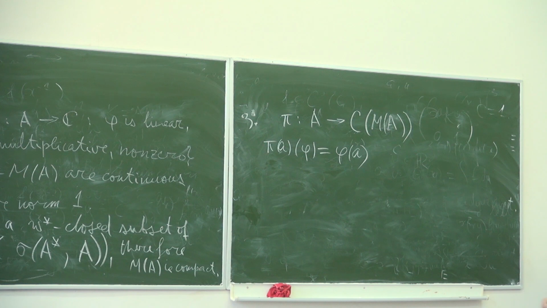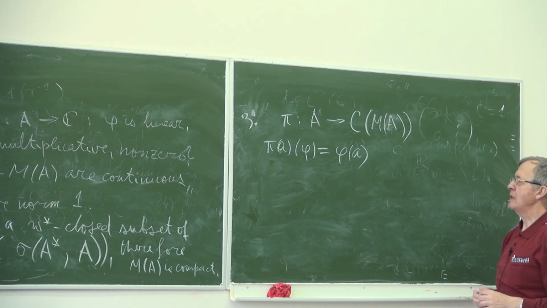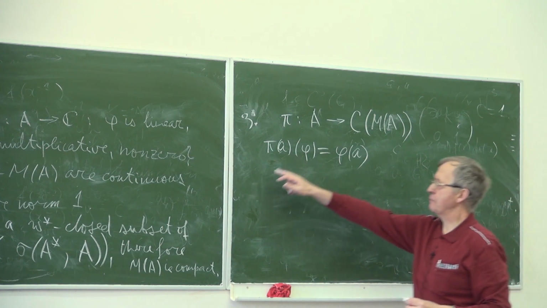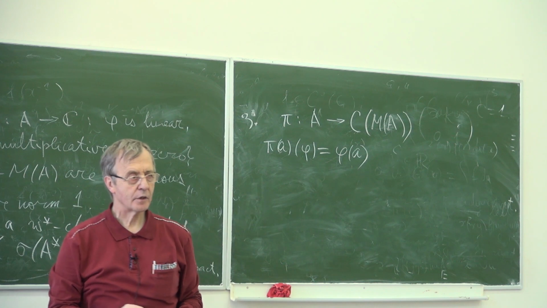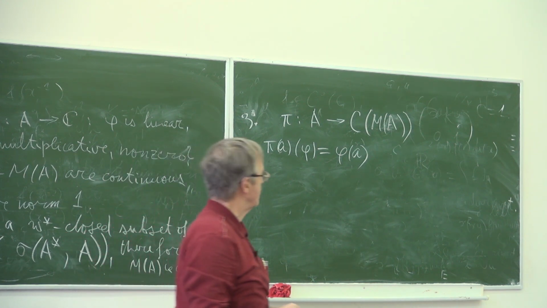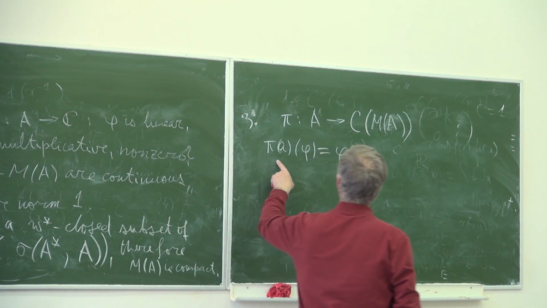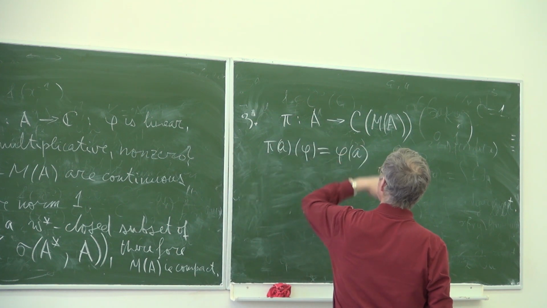So this is an algebraic homomorphism. Clearly it is linear, and it is multiplicative because all functionals we consider are multiplicative.